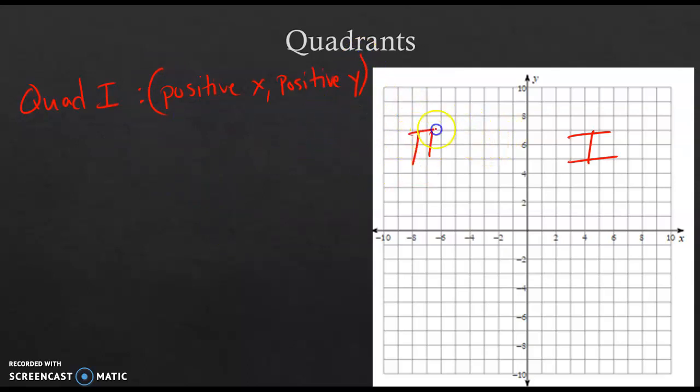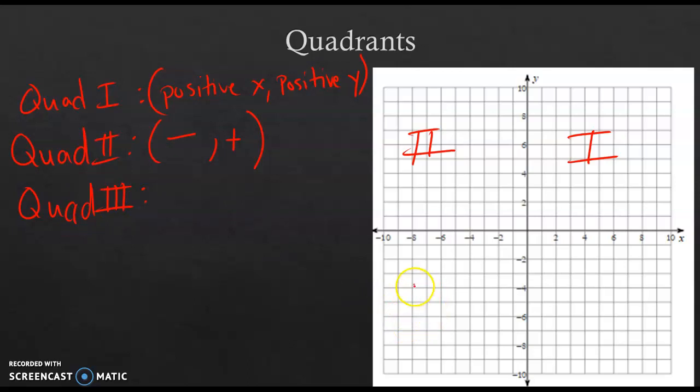So then quadrant 2 is going to be over here, where our point is going to be created of a negative x value but a positive y value. And then we move on to quadrant 3.